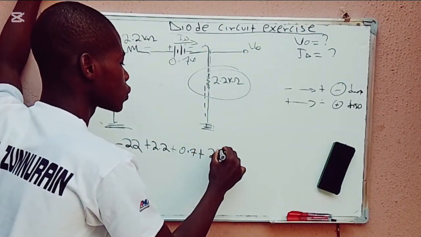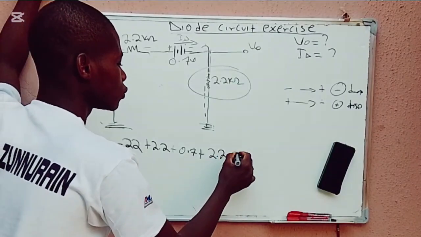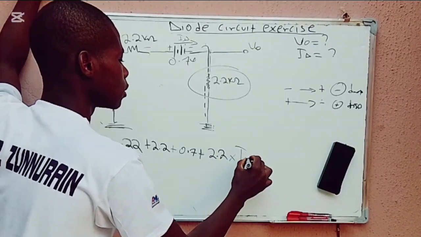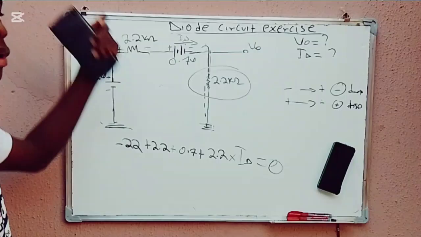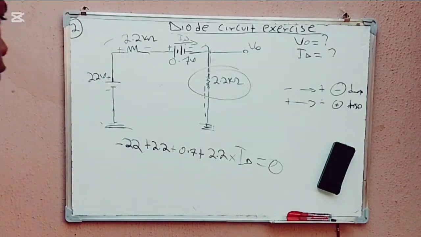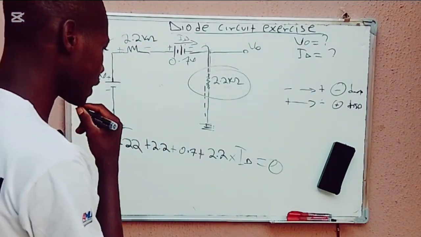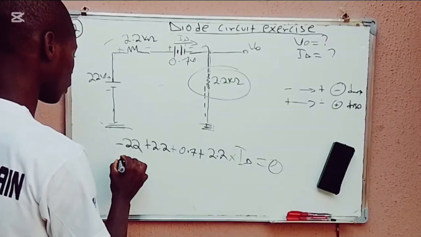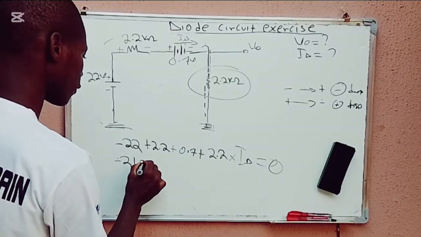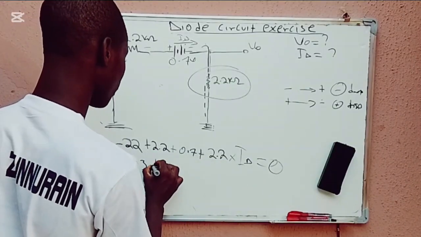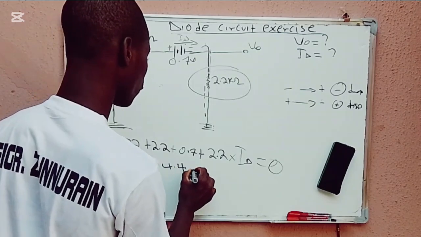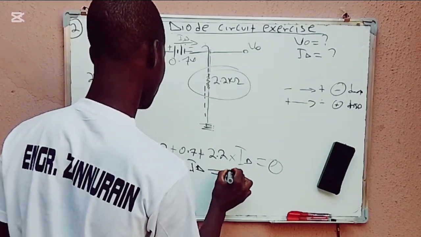So this should now be 2.2 multiplied by ID, and the sum should be equal to 0. So from this and this I will get minus 21.3, and from this and this plus 4 ID equals 0.